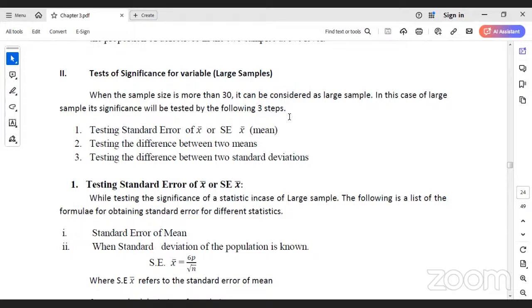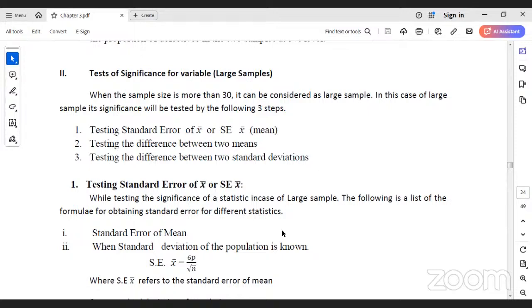The examiner will give two means in the question. When two means are asked, we need to use the testing the difference between two means formula, and with that formula we need to find the answer. In the same manner, testing the difference between two standard deviations.